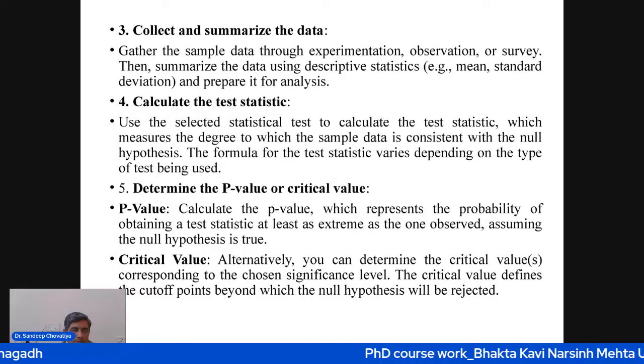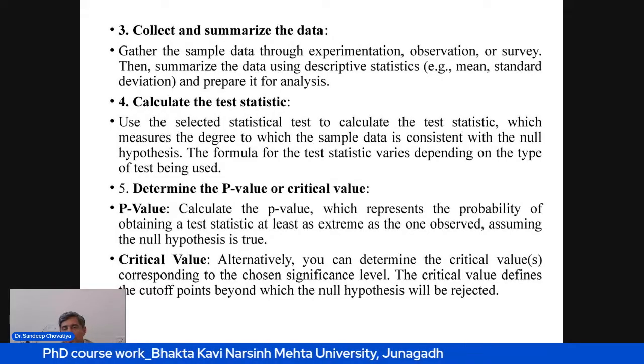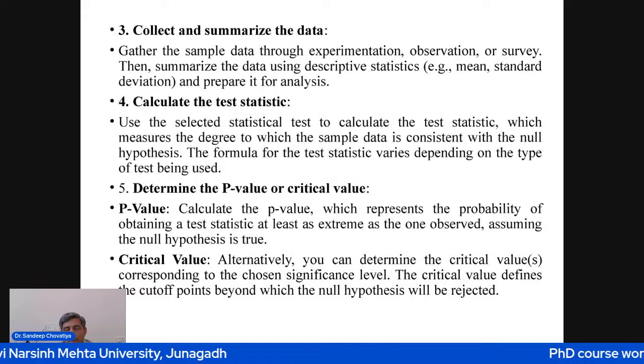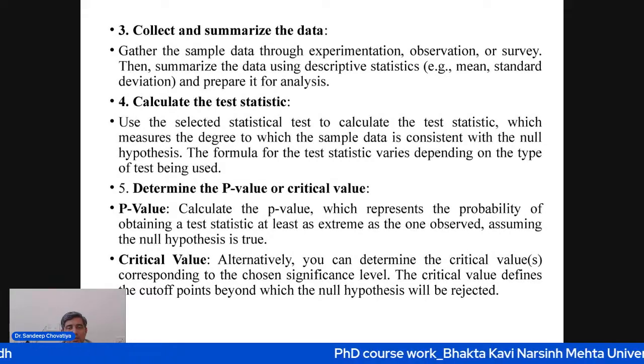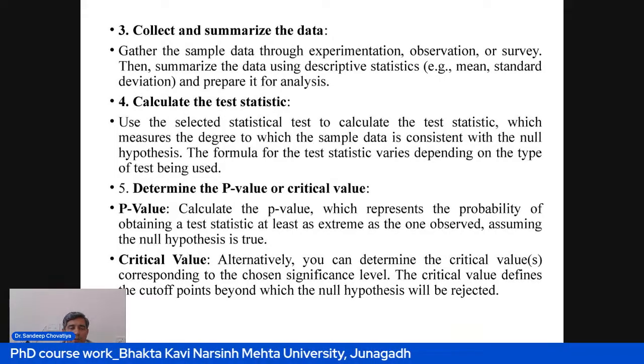Number 5, determine the p value or the critical value. The p value is a probability value; calculate the p value, which represents the probability of obtaining a test statistic at least as extreme as the one observed, assuming that the null hypothesis is true.